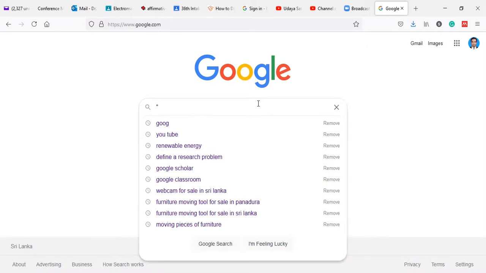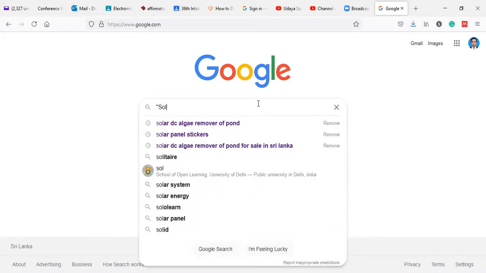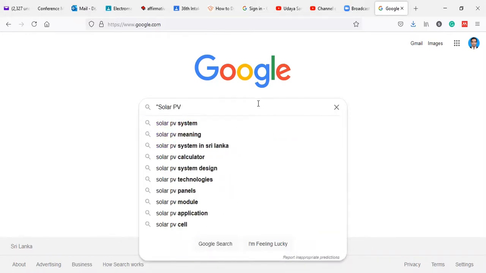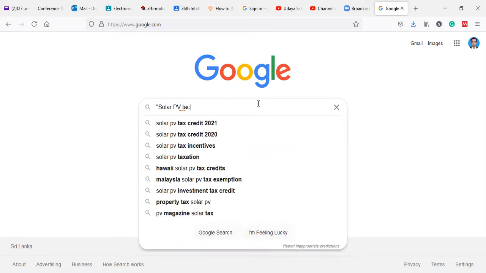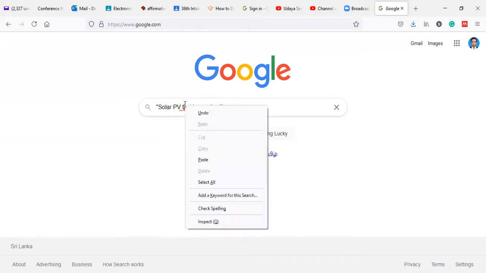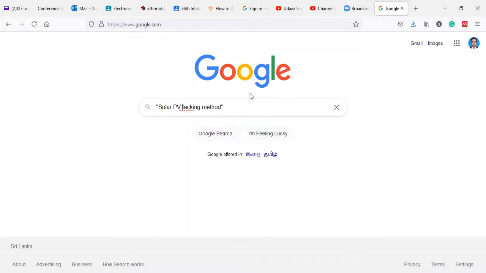As an example, I will write solar PV tracking method. Why did I mention this under quotation marks? Because that will directly link with Google Scholar.